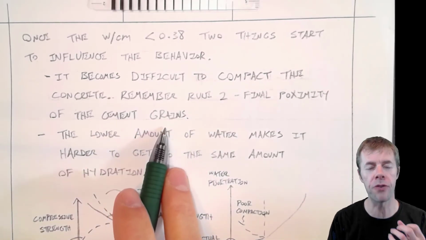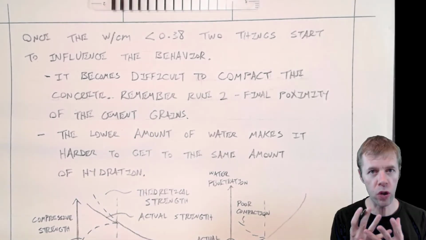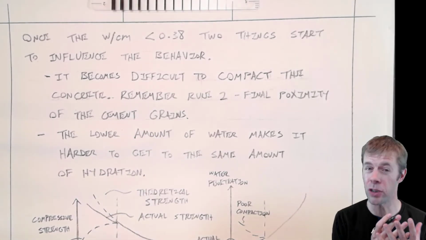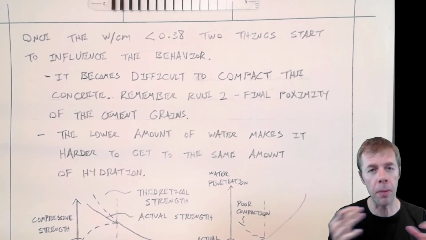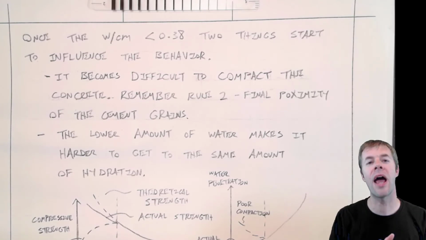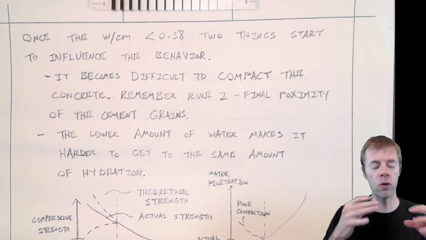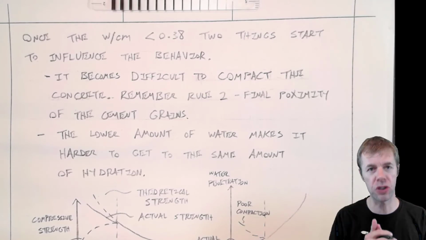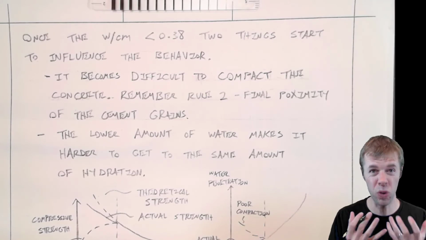You can start out with the cement grains really close together, a low water to cement ratio, but if you can't get all those big bubbles out, you're not going to have a good system. So compaction is really important. Getting all of those entrapped bubbles out of your system is really important.